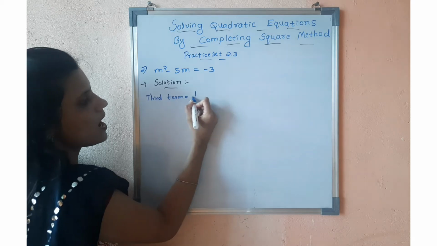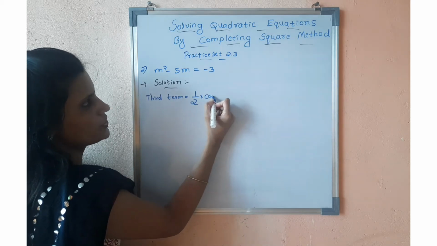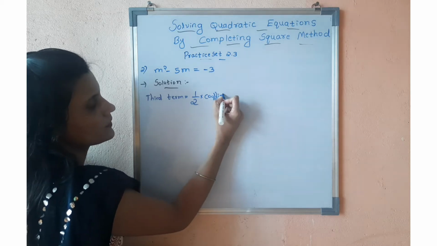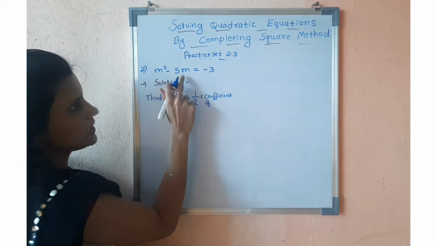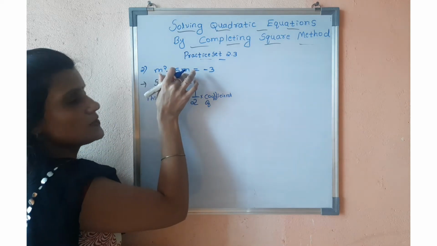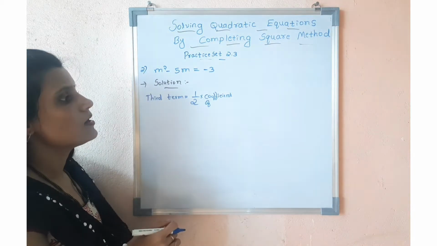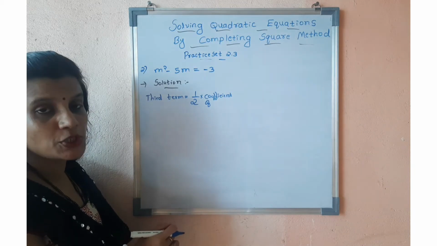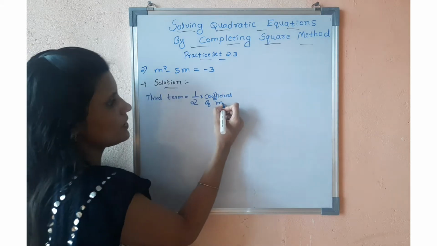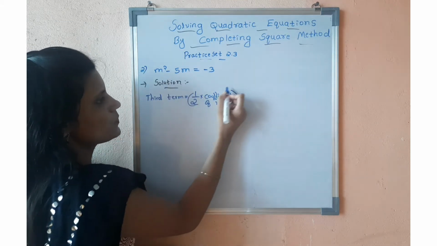is equal to half into coefficient. Now, what is the coefficient here? The coefficient here is of m. So I cannot write coefficient of x. Whatever variable has been given, the coefficient of m, because the variable is m over here, whole square.